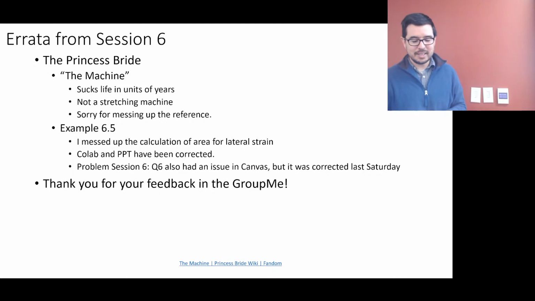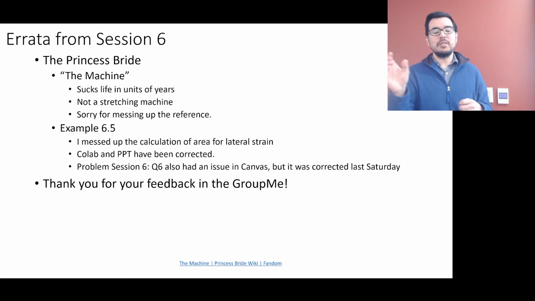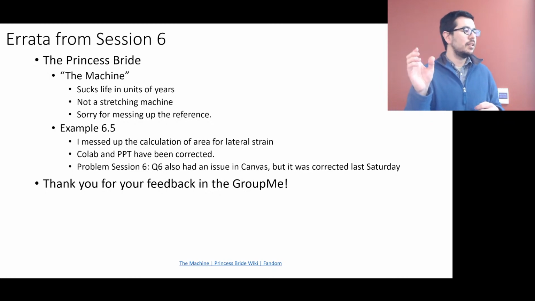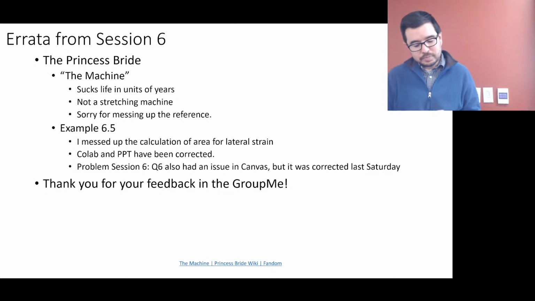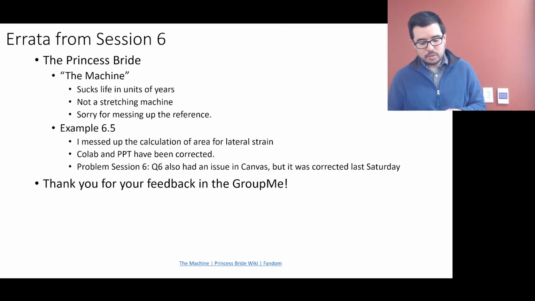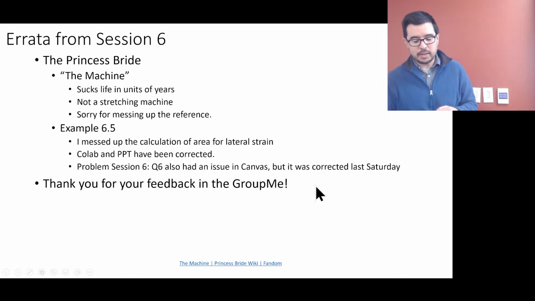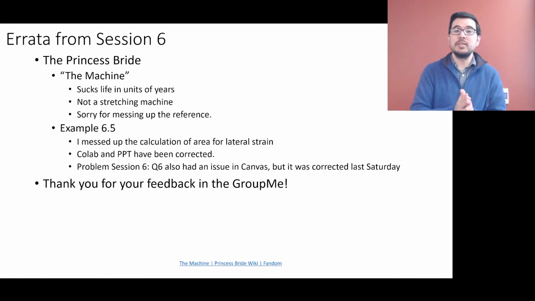It's just one little change, because I didn't actually run through all the calculations in the PowerPoint, but I did report the resulting values, and they were off. And there was an issue with Q6 in section 6, but that was corrected last Saturday. So thank you for your feedback in the group meeting. Keep it coming.